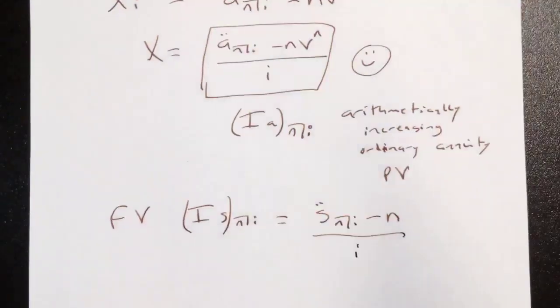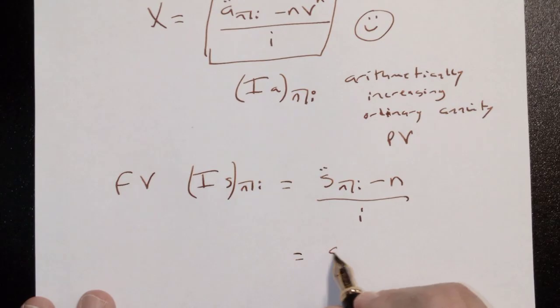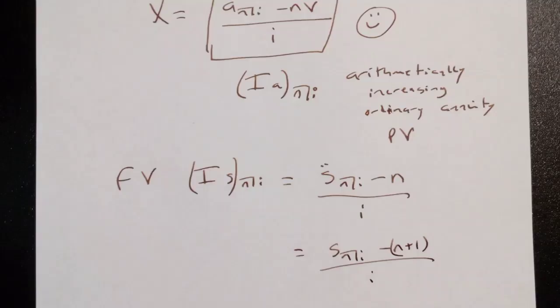Which, by the way, because I rarely like working with the dots, we often convert these back to the non-dot formulas. In the non-dot version, this is s n, i minus n, plus 1 over i. Those appear directly on the formula sheet.